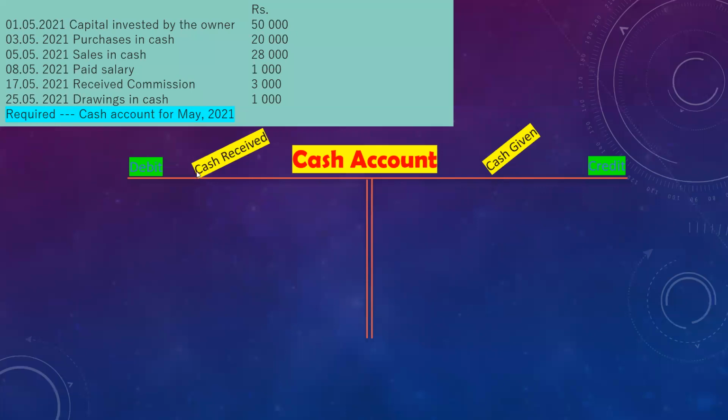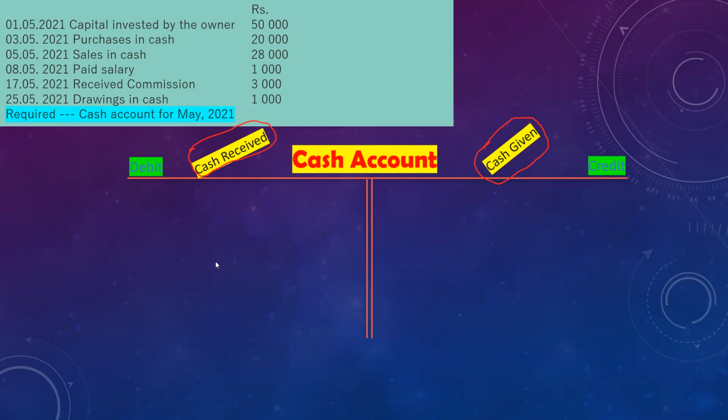So the rule we learned, cash received, debit to cash account. Here I have written it. And cash given, credit to cash account. That's the rule we learned. By using that, we are going to record these transactions over here. First of all, this question is related to May 2021.